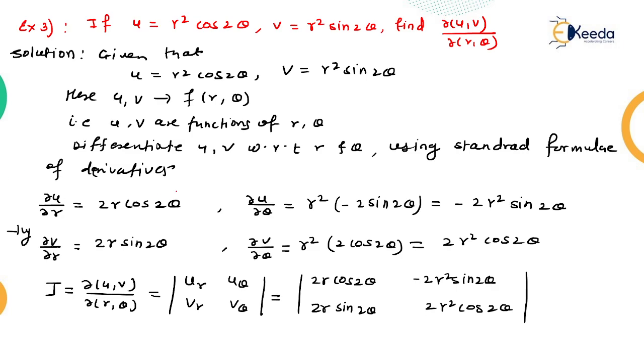So guys, this is the Jacobian, and I'm substituting the values and solving. So J, the Jacobian, is the determinant of 2r cos 2 theta, 2r sin 2 theta, minus 2 r square sin 2 theta, and 2 r square cos 2 theta.